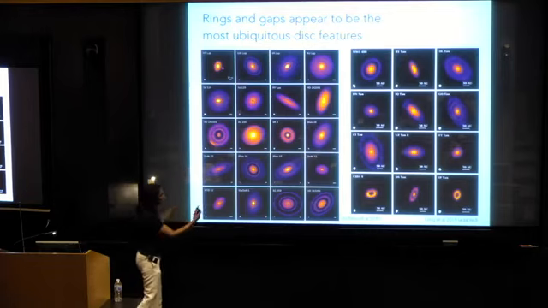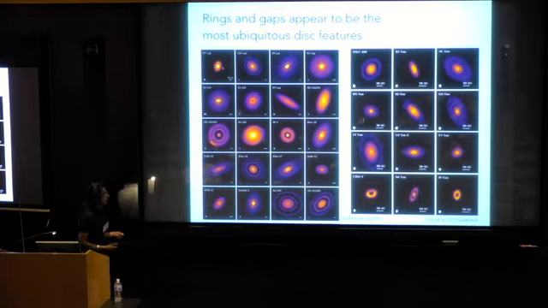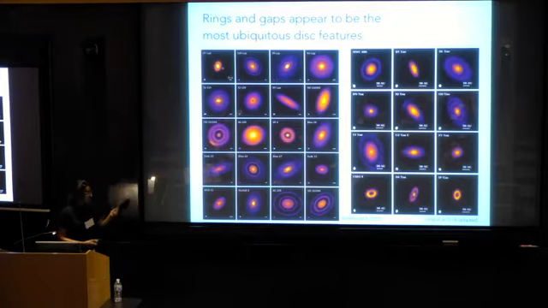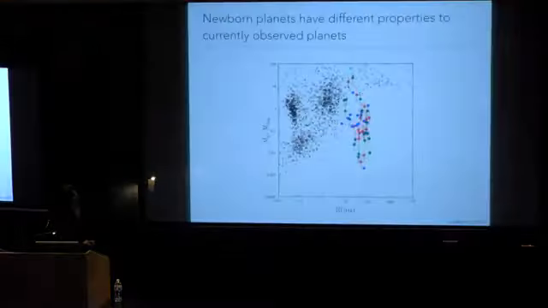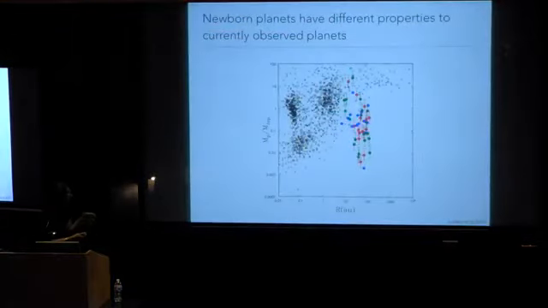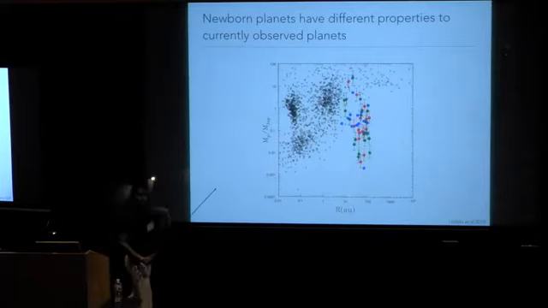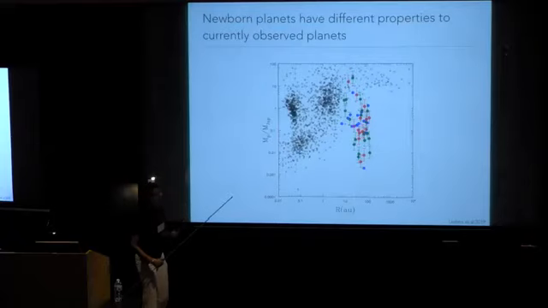So we have some fabulous images that you've seen already in the previous talks. Overwhelmingly, we're seeing gaps and rings in these disks. And of course, one of the obvious possibilities is that these gaps may harbor planets. There was a really nice study by Giuseppe earlier this year where he put together the planet masses that you can infer if you were to assume that there was a planet in each one of these gaps.